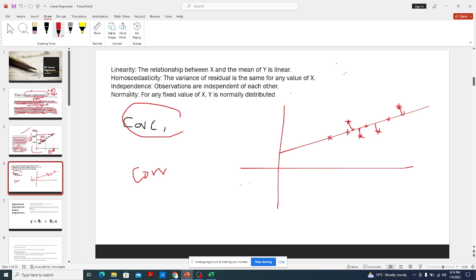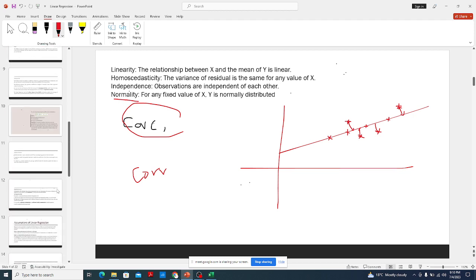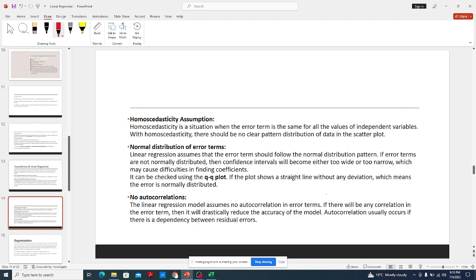Of course, we usually have some assumptions when it comes to linear regression. I'm just giving you a brief on the assumptions, as we will discuss them in depth.